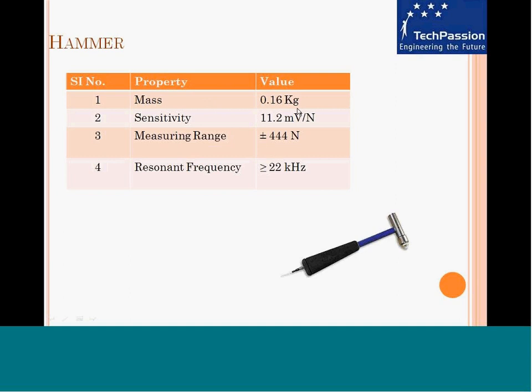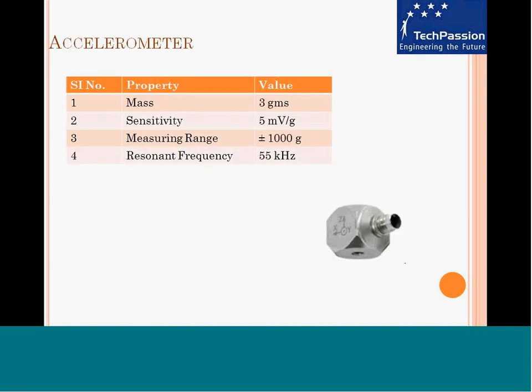It weighs about 160 grams, and it has a sensitivity of 11.2 millivolts per Newton. It converts the force of impact that is given to the component in the form of a voltage, and the hammer has a sensor which can measure forces up to 444 Newton, and it has a resonant frequency about 22 kilohertz.